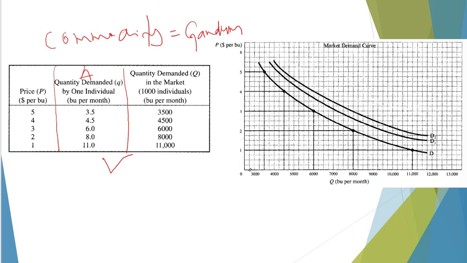Individu A sanggup beli 10 kilo gandum pada harga RM1.